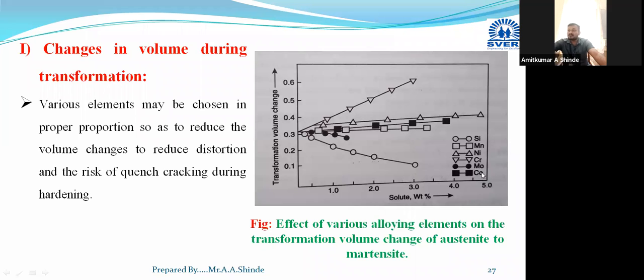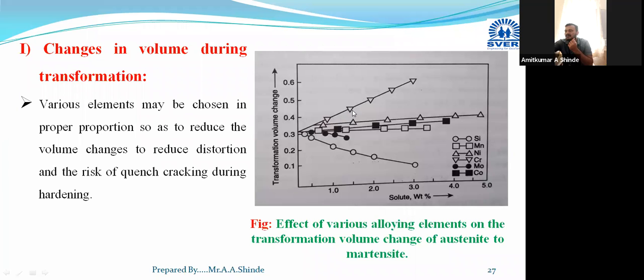Okay, here you cannot say that this is the most effective, or that you have to add the higher percentage. Whenever volume changes are more, suppose this one, silicon, this is molybdenum, then cobalt, then this one manganese, nickel, and this is the chromium element.